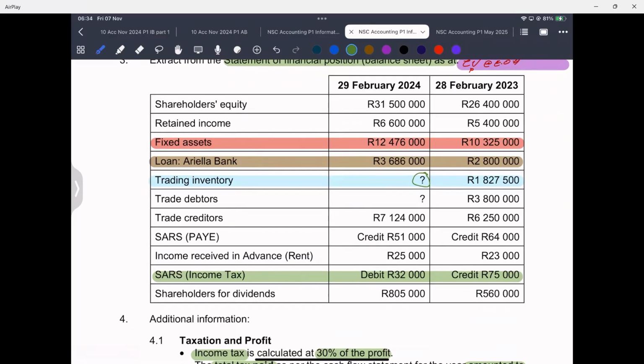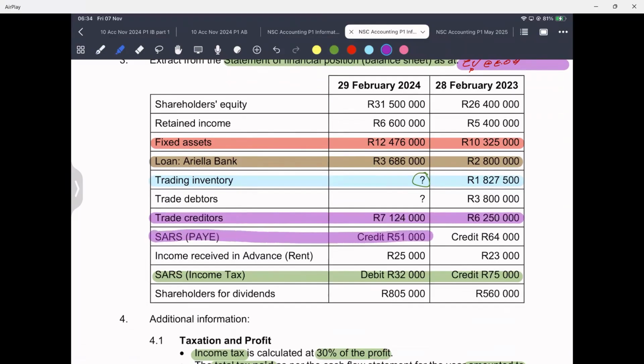Fortunately here they're given to us separately, so we just need to highlight what we need. So we will definitely include trade creditors, SARS pay as you earn, income received in advance. That is all. All of these will give us trade and other payables.